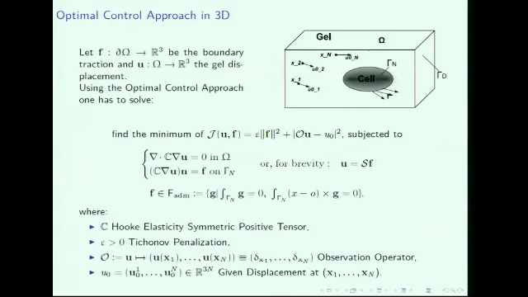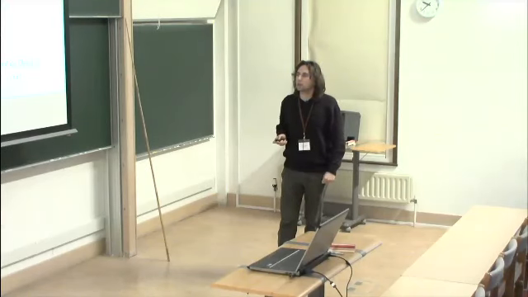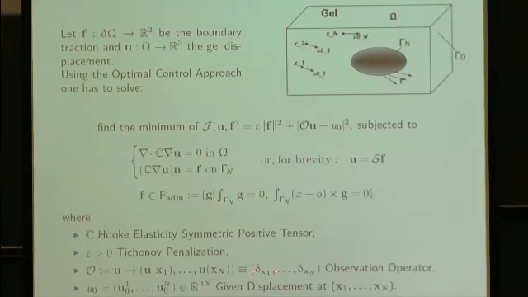O is the observation operator. So since we want to observe displacement at some points, the observation operator is a list of Dirac deltas centered in such points. And then u0, as I said before, is the list of given displacements at such experimental points.